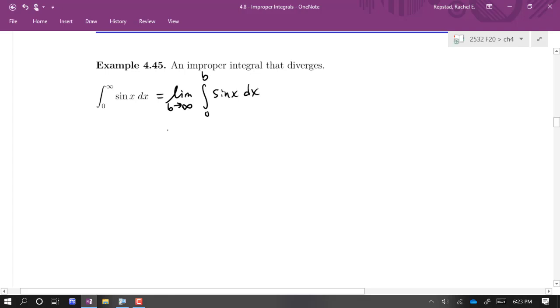We know how to do this integral. The integral of sine is negative cosine. Now I'm going to plug in the limits of integration.